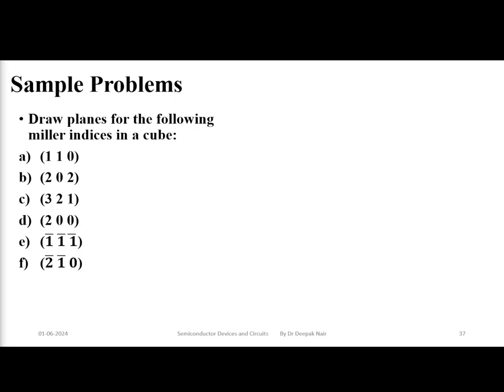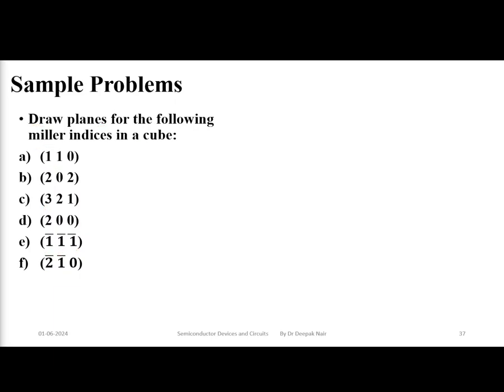Now, let us take some examples. Suppose someone asks you to draw the planes with the following Miller indices in a cube: 1, 1, 0; 2, 0, 2; 3, 2, 1; and 1 bar, 1 bar, 1 bar; 2 bar, 1 bar, 0.